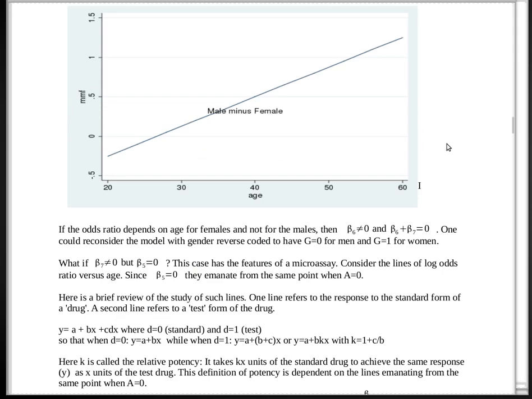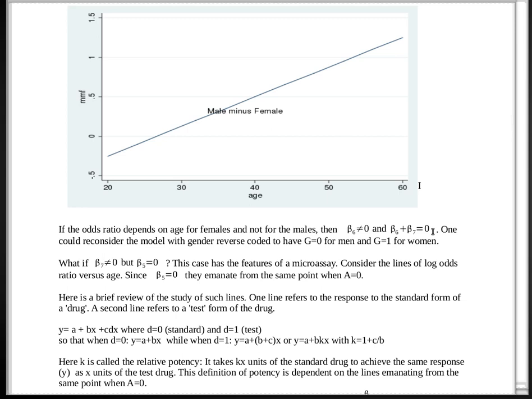Now, this is maybe another piece of terminology that perhaps has not come up yet, and that is that it could be that the odds ratio depends on age for the women, but not for the males. That would be this scenario.